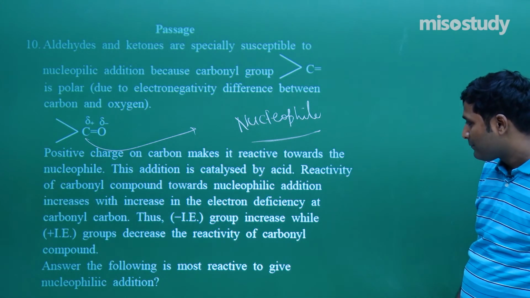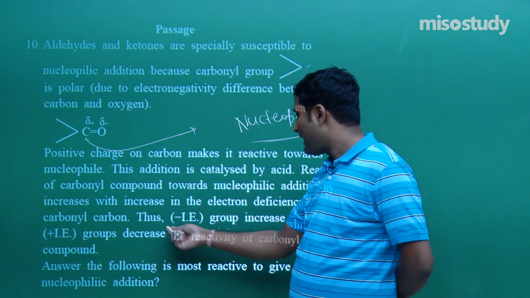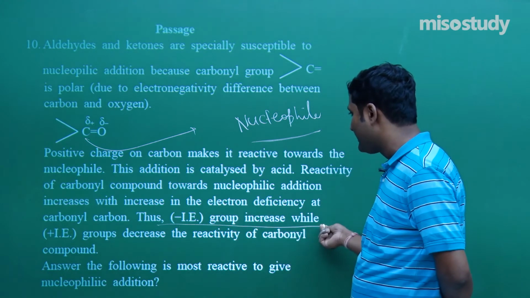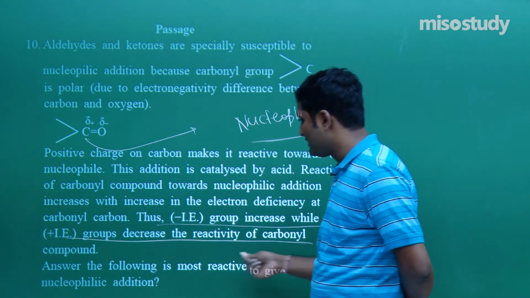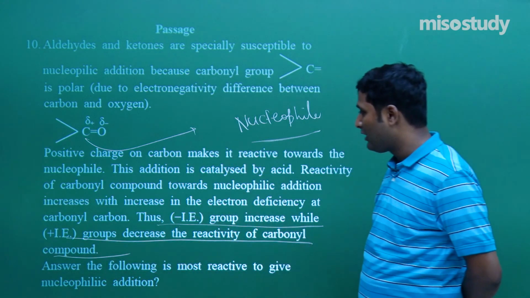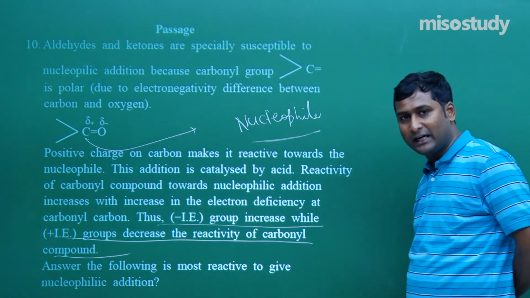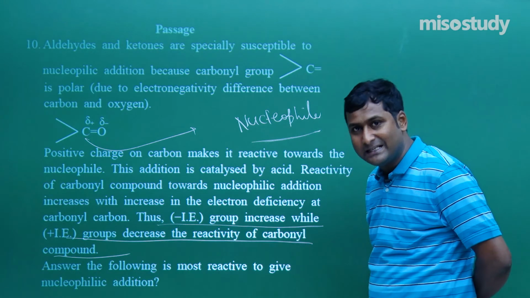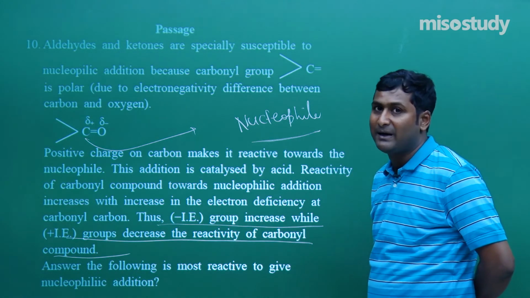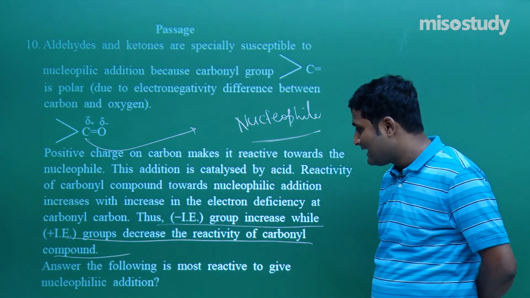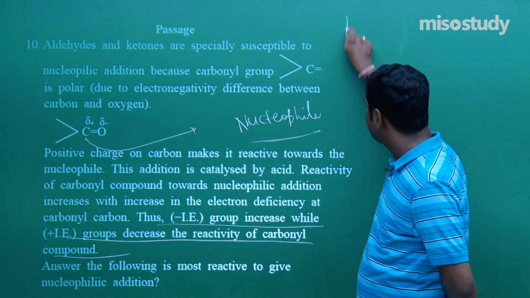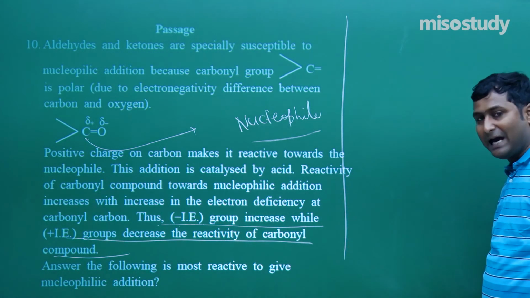Thus minus I effect groups increase while plus I effect groups decrease the reactivity. Definitely if there is an electron donating group, then reactivity decreases. If there is an electron withdrawing group, then reactivity increases. Clear? Now after reading this passage, give the answer.